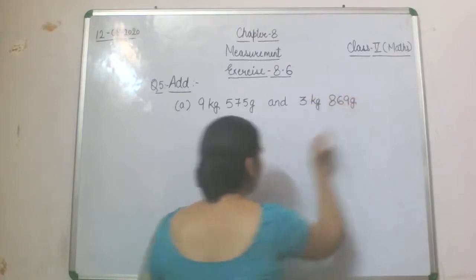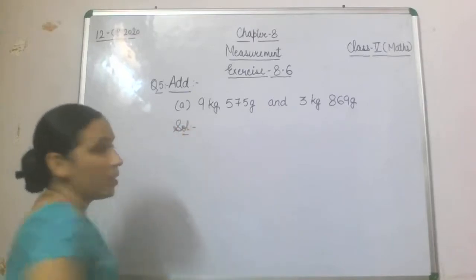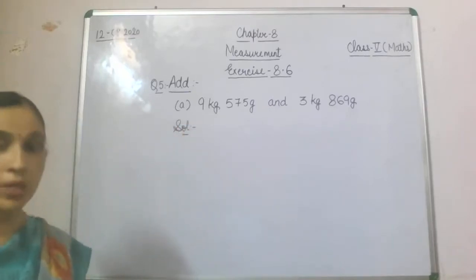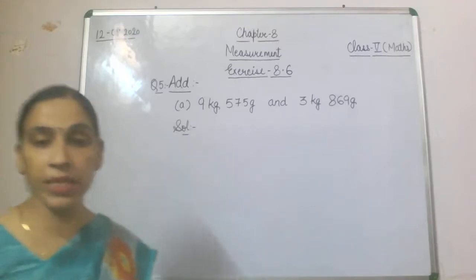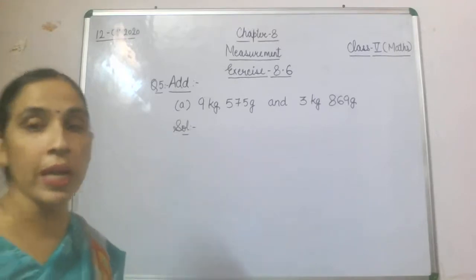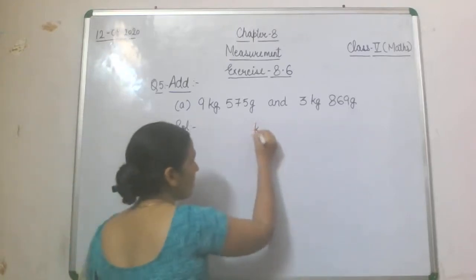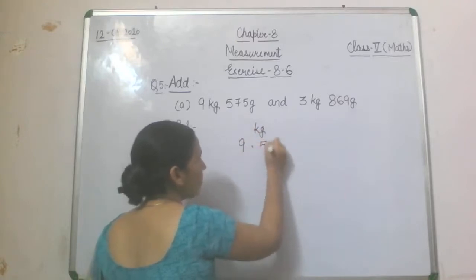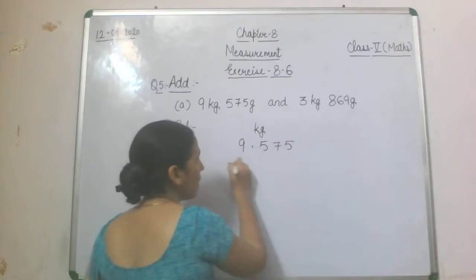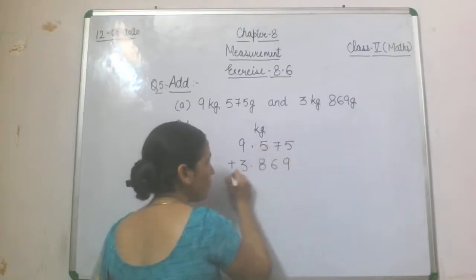Here you are not going to convert into gram. You are going to convert into kg only, because you have to do addition. So we will express in kilogram and then add. This can be written as 9.575 plus 3.869.